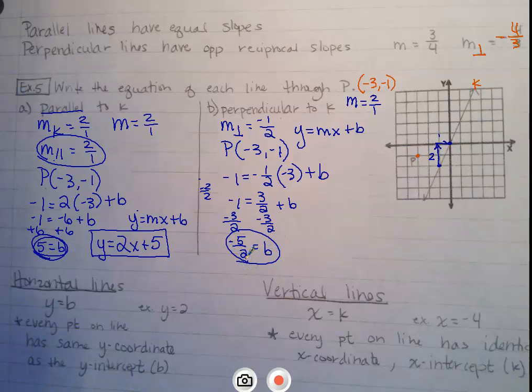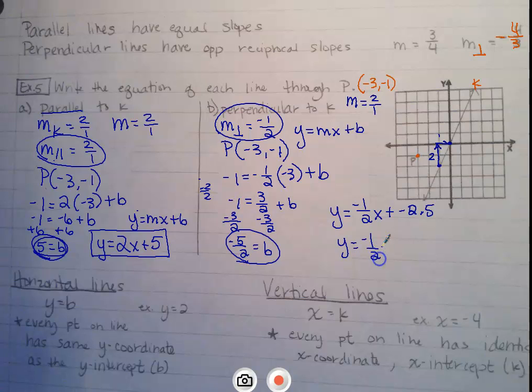So then you put it in the slope. We've got our slope and we've got our b, so we're ready to write our equation. So y equals, what, Caden? -1/2 x plus -2.5, but that's just because I didn't mind the decimal. Okay, you could say negative 2.5, or you could say y equals negative 1/2 x minus 2.5.